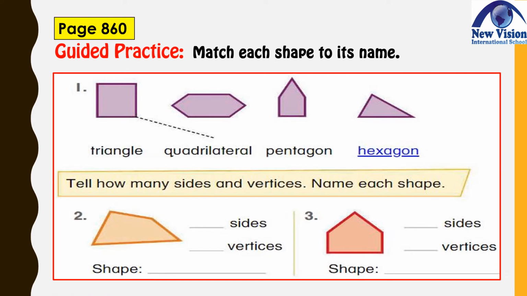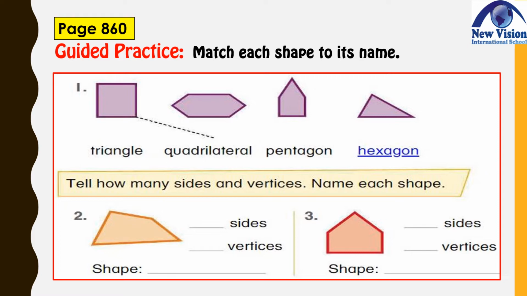For your guided practice, please open your book on page 860. Match each shape to its name. The first one has 4 sides and 4 vertices, so it is a quadrilateral.